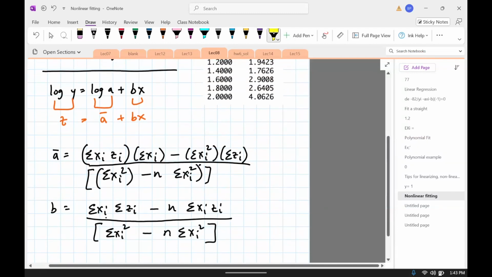Okay, so then we ask ourselves what exactly is needed to compute a bar and b. You can see we need xi zi, the product. We need summation of xi. We need summation of xi square, summation zi. This is already computed. Xi square is also computed. So what I would do is I'll make a table containing these columns. That's the easiest way to do it.